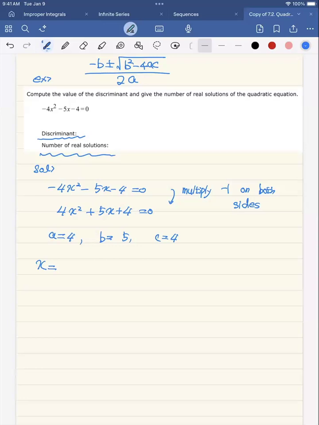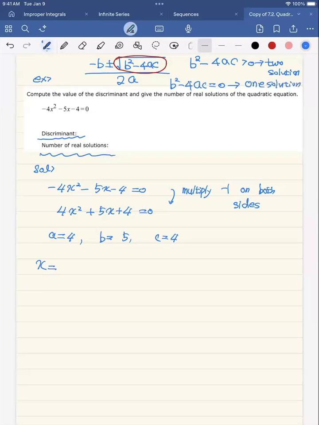What we learned at the beginning is when b squared minus 4ac is greater than 0, then there are two solutions. And if b squared minus 4ac equals 0, then this part will vanish. So there is only one solution, which is minus b over 2a.